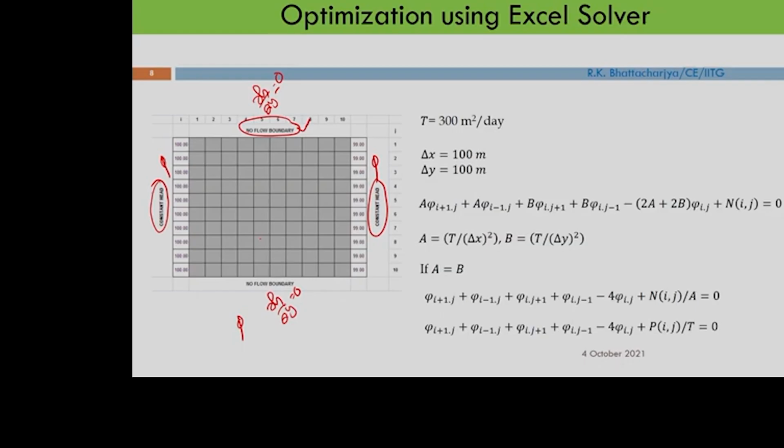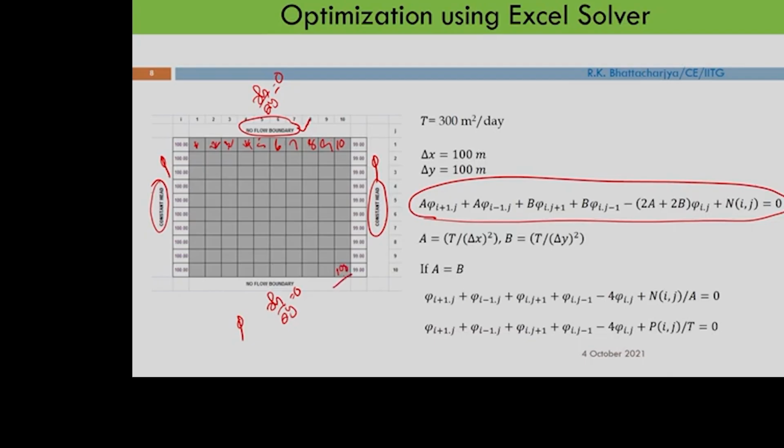Now, I would like to calculate the value at each grid center. This is the finite difference equation, and it has to be satisfied at each grid point. If I write equation 1 here, equation 2 here, and this is 3, 4, 5, 6, 7, 8, 9, 10, and this is my 100th equation, I will get a total of 100 equations.